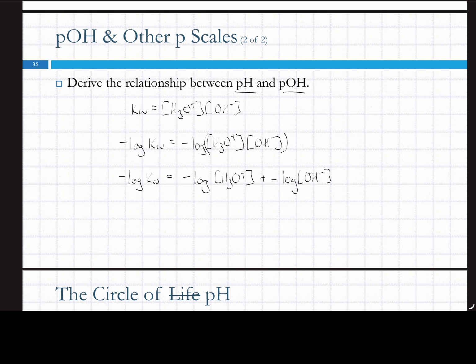It's pH. Negative log of H3O+ is pH, plus the negative log of OH- is pOH. And then the negative log of Kw, where Kw is 10 to the negative 14, is 14. So 14 equals pH plus pOH.